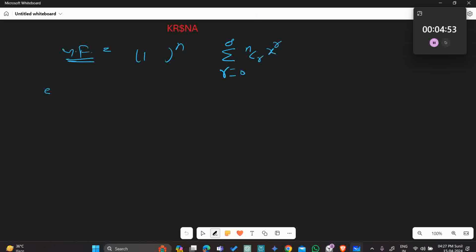For example, 1 plus x to the power n, with power 10, not n, is equal to the sum of 10Cr x to the power r, r equal to 0 to infinity. Right.